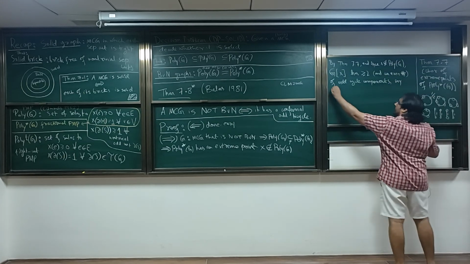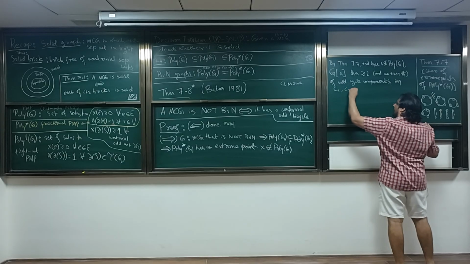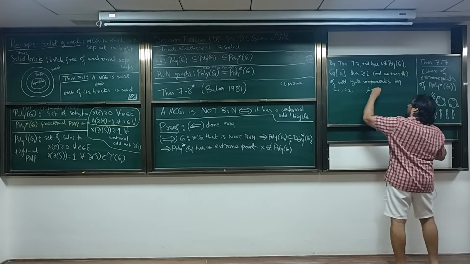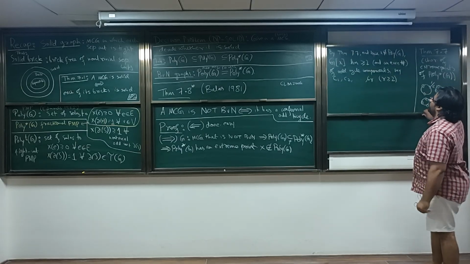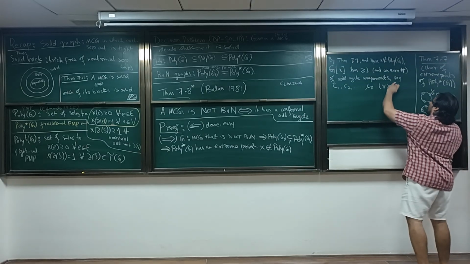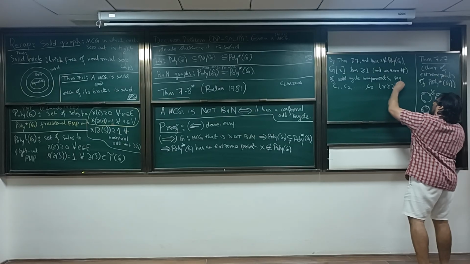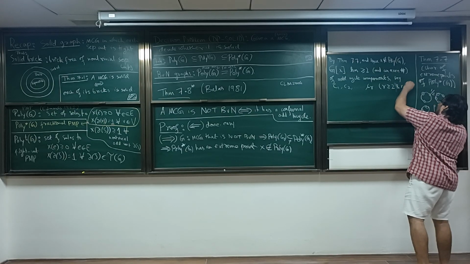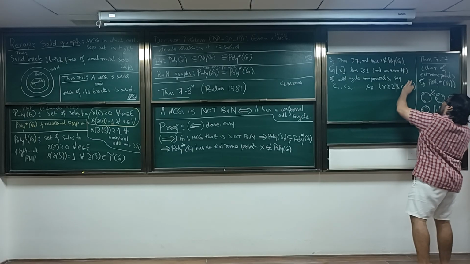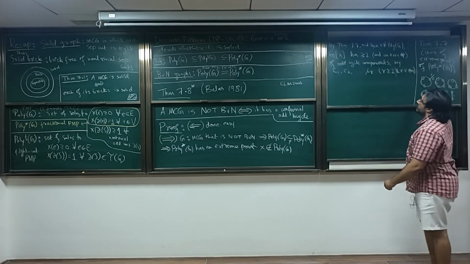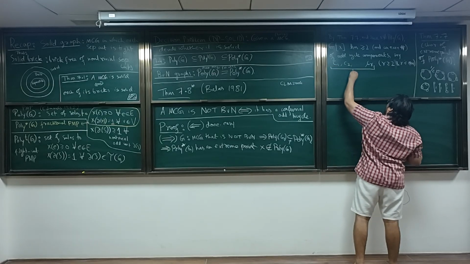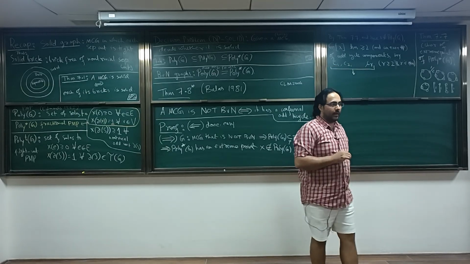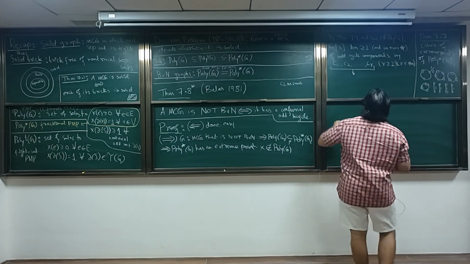Say C1, C2 up to CR, where R is at least 2 and R is even. Clearly, this whole thing viewed as a subgraph is conformal.